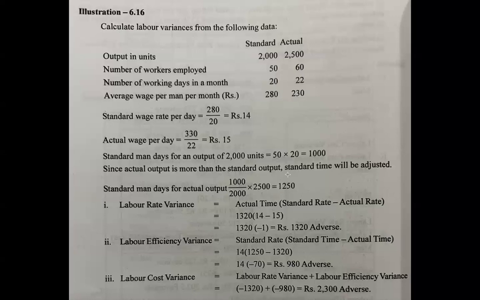Now, let's check the equations which I think I have told you earlier. Labor rate variance: the variance is calculated on the rate, the difference is taken. Standard rate minus actual rate multiplied by the actual time spent by the men.